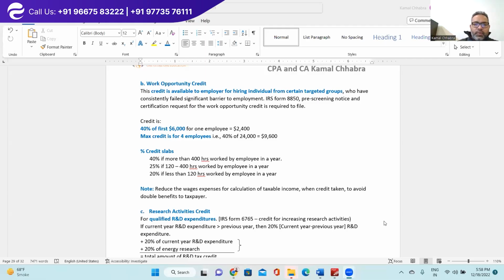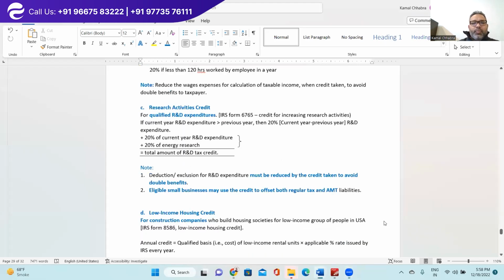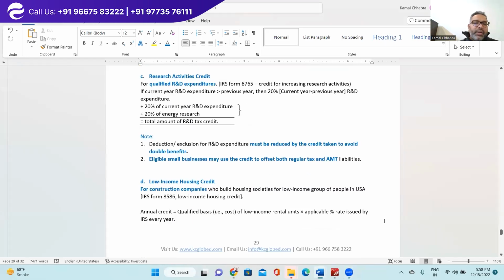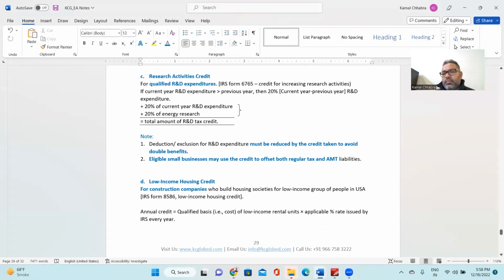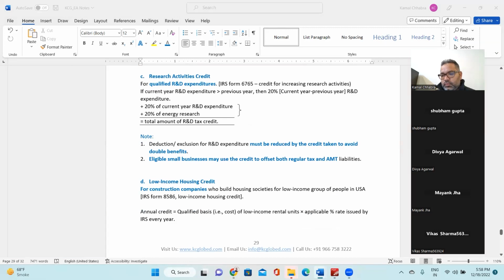Okay, so far we have covered B point as well, right? Now coming to C point, which is research activity credit. This is for qualified R&D expenditure. If you are a sole proprietor running a business, and in that business you are doing some research and development expenditure, then those expenditures are eligible for certain tax credit.